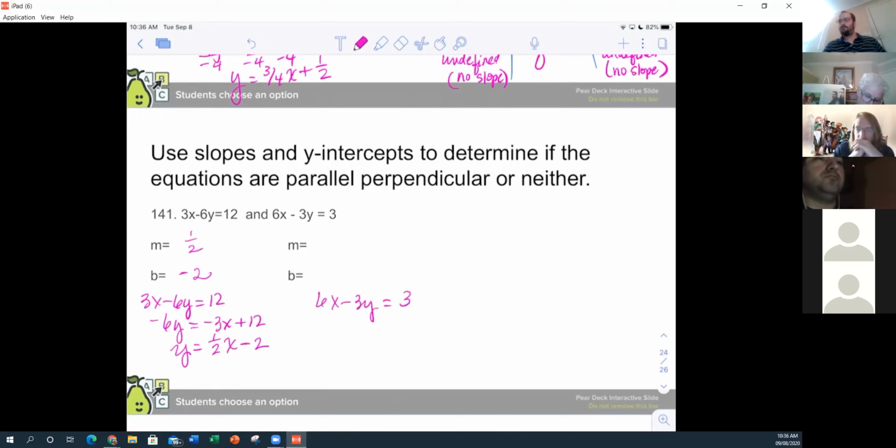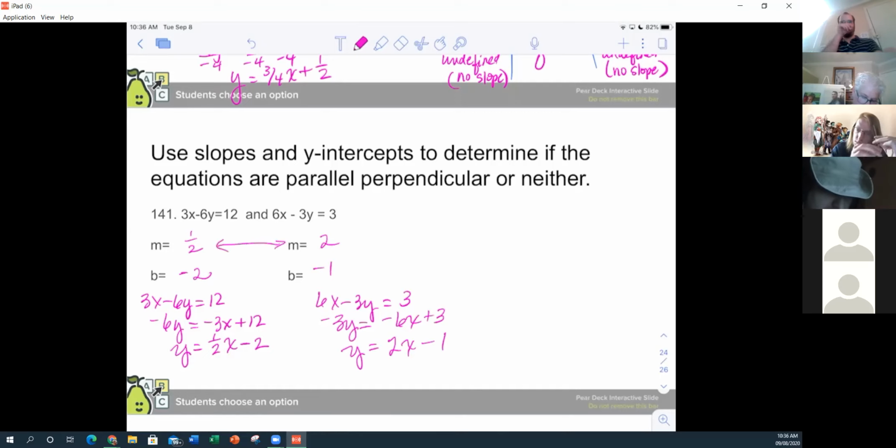The second one, we would subtract 6x from each part, so we have -3y is equal to -6x plus 3, and then divide everything by -3, and we'd get y equals 2x minus 1. So here, the slope is 2, the y-intercept is -1. So you see that these two are not the same, so they can't be parallel.